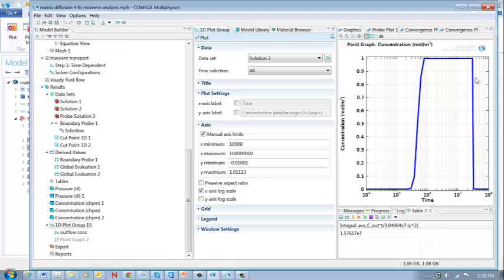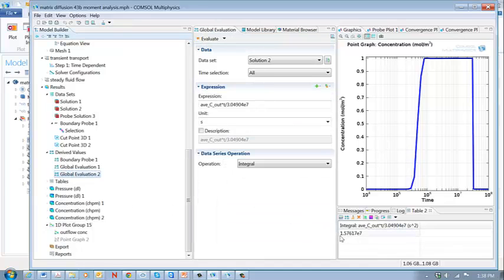So there's the outflow, and you can see that it's this square pulse. When we did the moment analysis, we get that the first moment, the mean residence time, is 1.57e to the 7th. Well, the pulse is 3e to the 7th, so the mean residence time is just about half of the pulse length, and that seems about right.